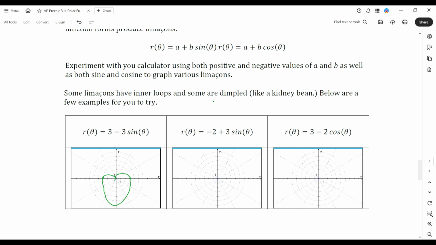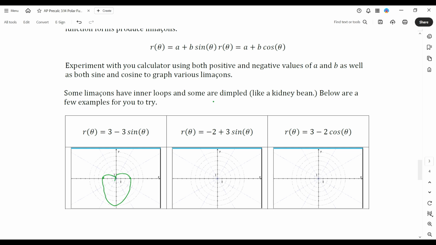-2 plus 3 sine of theta. I think I skipped over this last year, or at least this point.